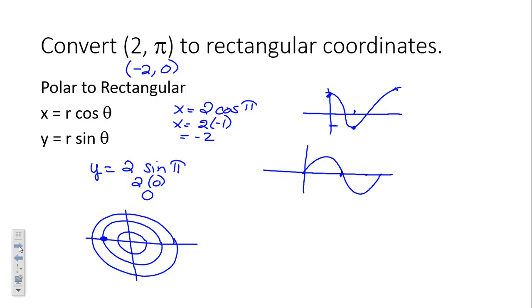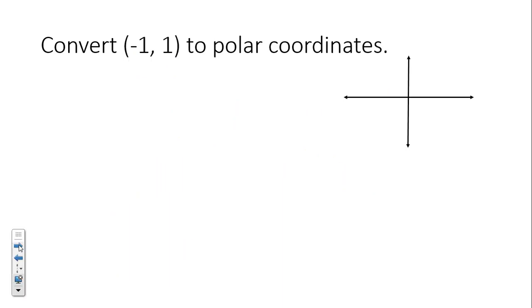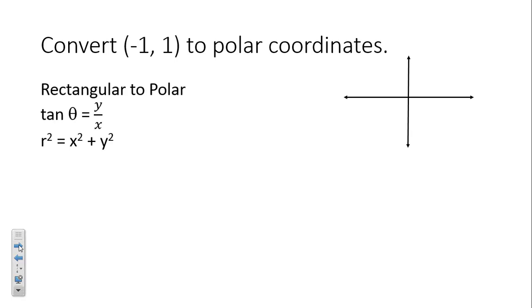All right, next example is the opposite way. Now I have rectangular coordinates, and I want to convert that to polar. So -1 is my x, and 1 is my y. How do I find theta? I want the y over x, don't I?